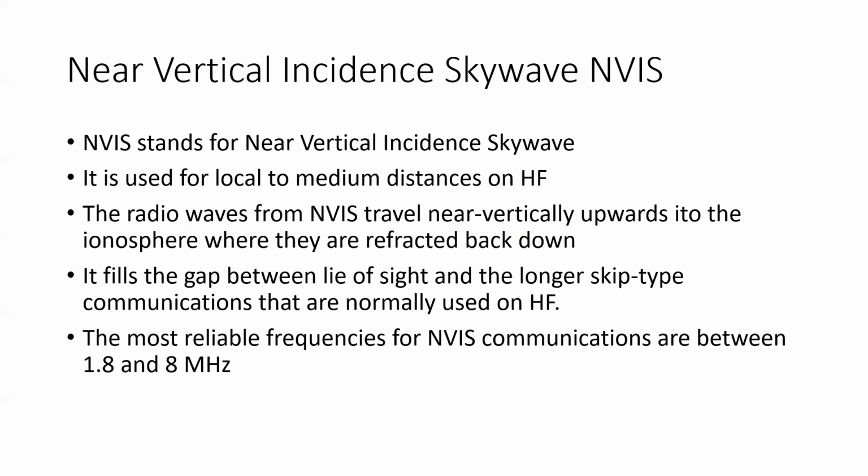It fills the gap between line of sight and the longer skip type communications that are normally used on HF. And the most reliable frequencies for NVIS communications are between 1.8 and 8 megahertz.